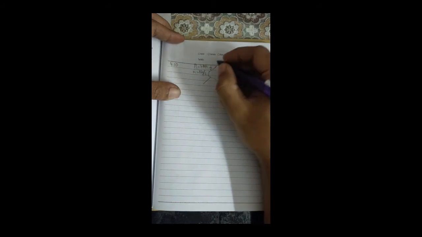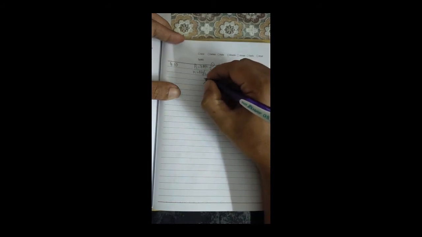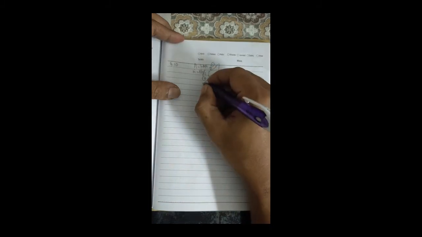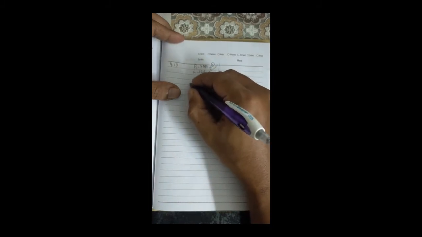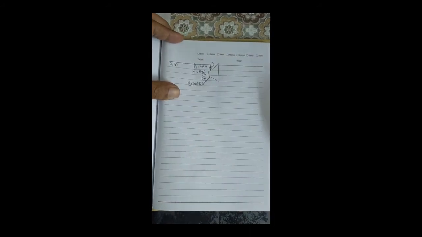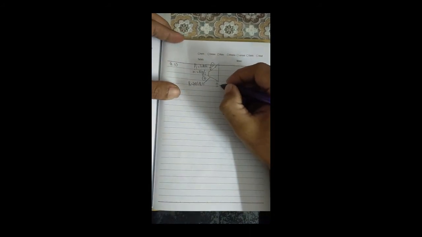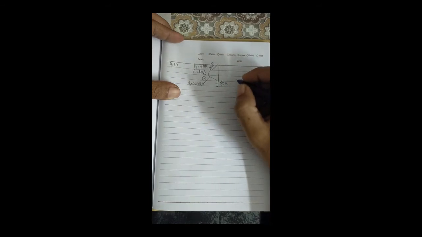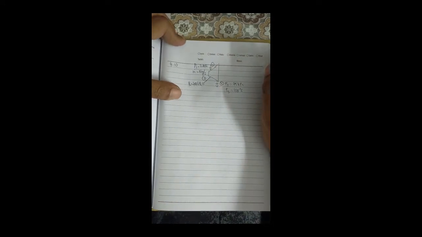This is your point 1. Point 2 is being diverted at 700 kPa, P2. And this is point 3, where P3 is 75 kPa and T3 is 100 degrees Celsius.